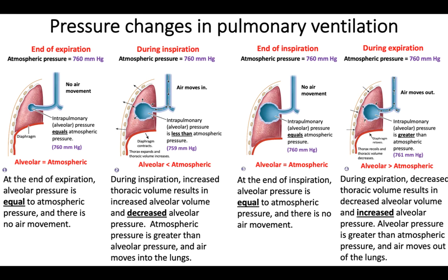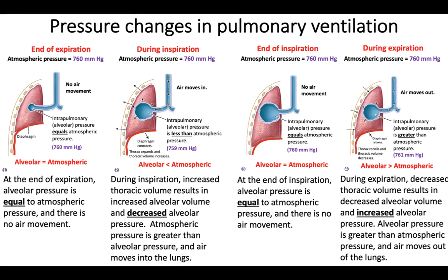This diagram shows four moments during breathing. It starts at the end of expiration. So let's say you just exhaled, and all of a sudden that air stops moving out.